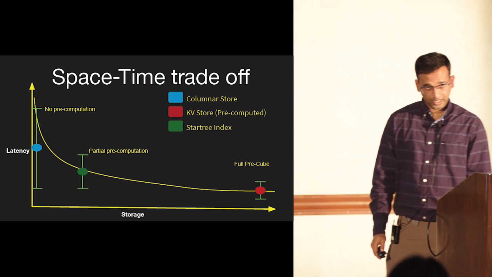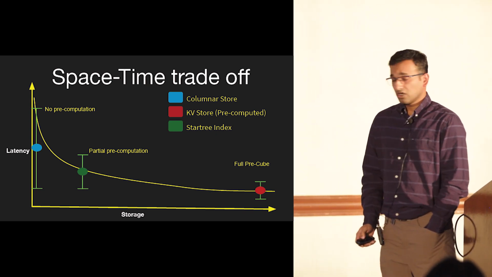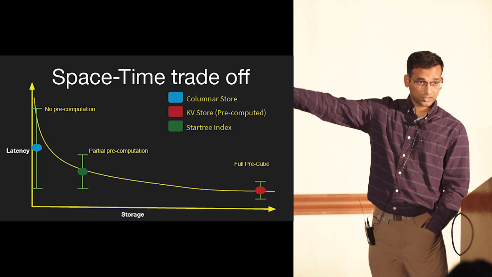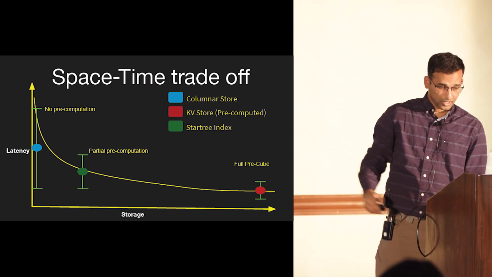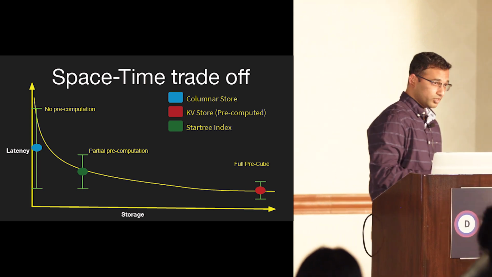So what Pinot added is the concept of what is called a star-tree index, where it allows us to be somewhere in between. So we can either go to that extent or we can be in this extent. Without getting into the details, it's a smart, data-aware pre-computation.